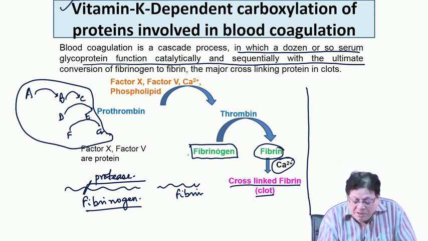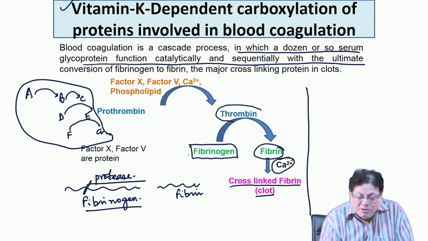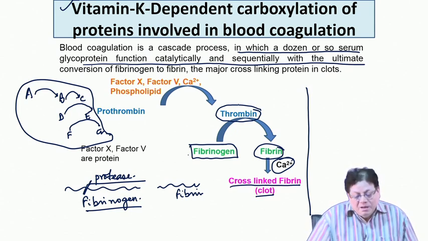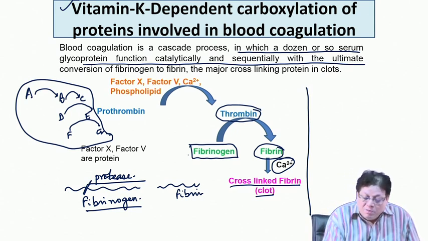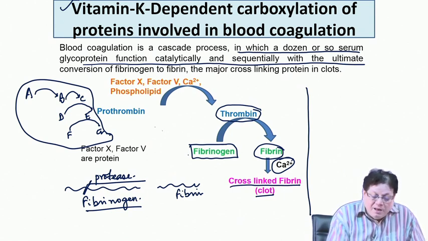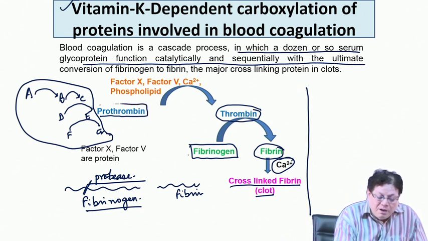This fibrinogen to fibrin conversion is catalyzed by an enzyme called thrombin. Now the question is, who synthesizes the thrombin? It is something called prothrombin.